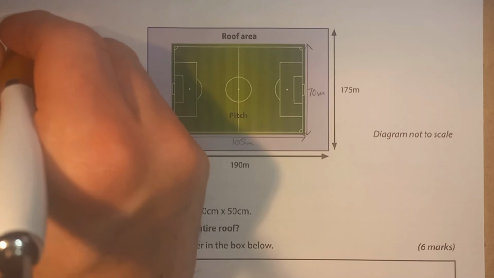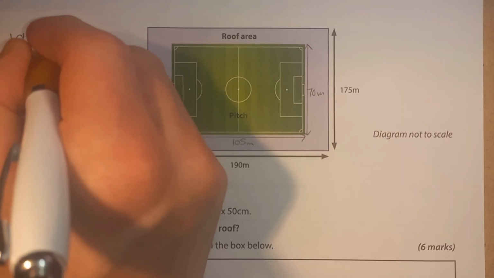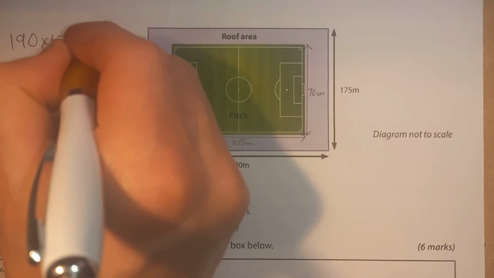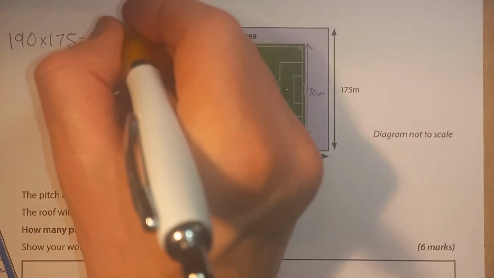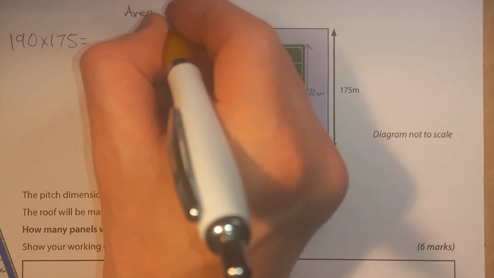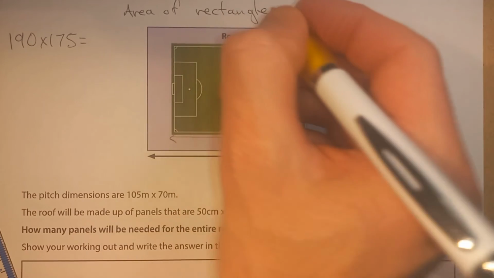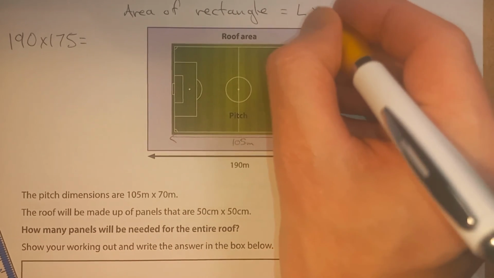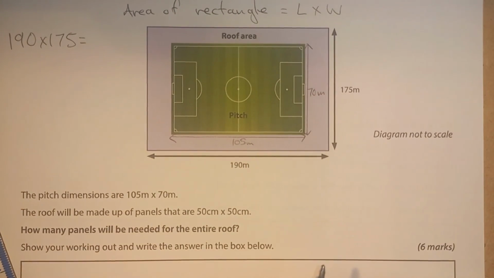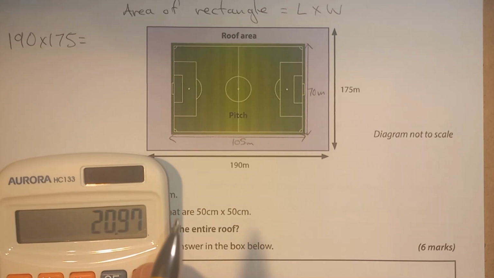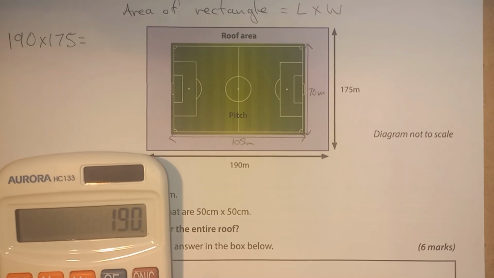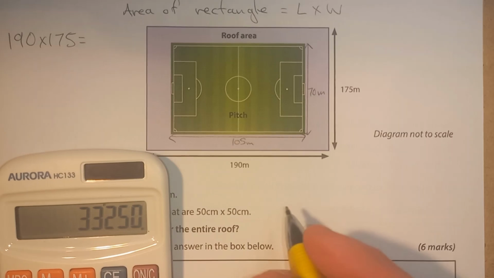So if we do that, we can say, well, 190 times 175. In fact, let's start by saying area of a rectangle, just to remind us, is the length times the width. So we've got 190 times 175.